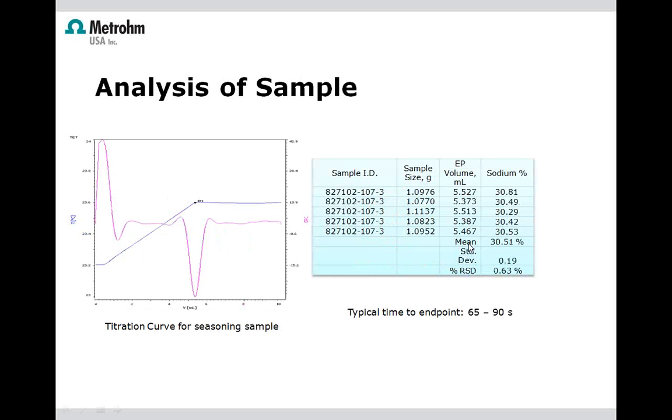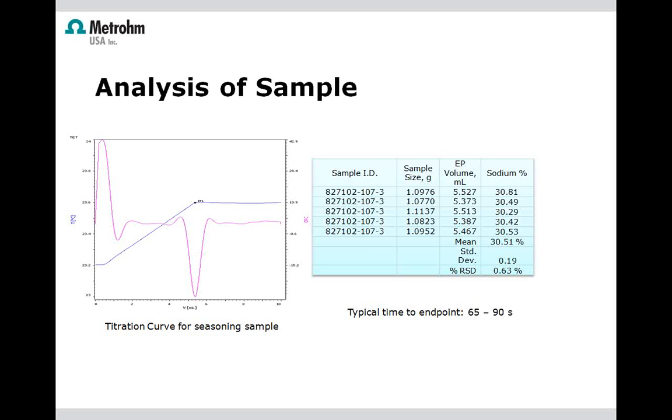Now, for the analysis of the actual mixed spice sample, here we did 5 determinations, and our RSD is shown here of 0.63%. In this particular spice sample, the only source of salt was sodium chloride.